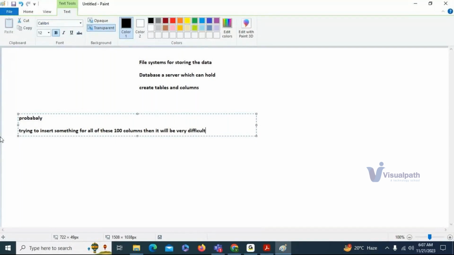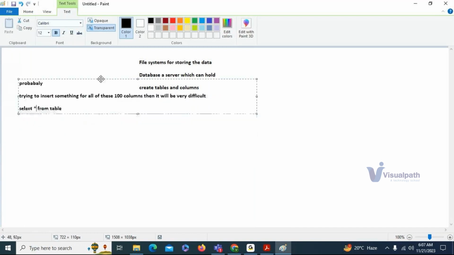If you have a DBMS, try to select one column, select column one from table, or you can do select star from. You can observe the difference. Doing select one will be faster, select star will take a lot more time.